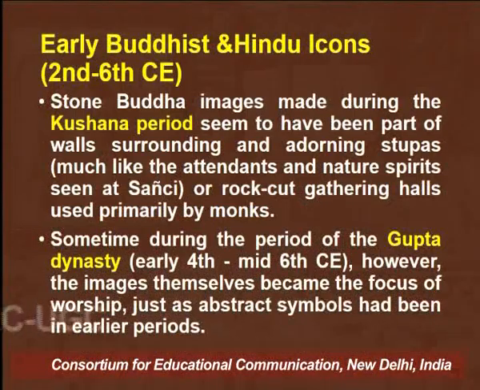Sometime around the period of the Gupta dynasty, that is between the 4th to mid-6th century CE, however, the images themselves became the focus of worship, just as abstract symbols had been in earlier periods.